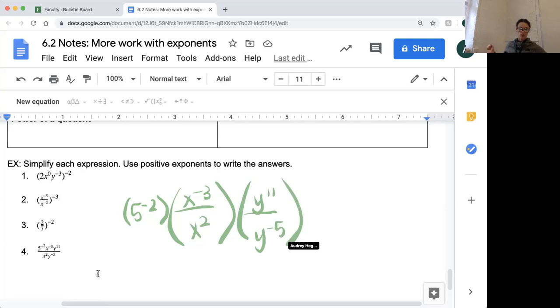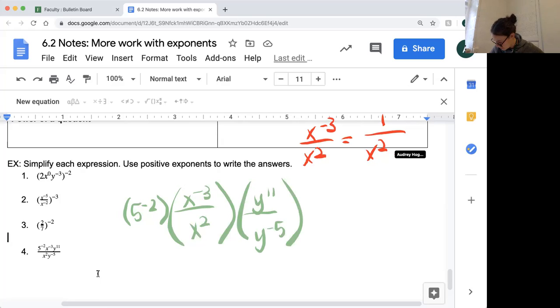Okay, and so now I can think about this in terms of each variable, right? So let's do our x's first. So we have x to the negative 3 over x squared. I'm going to want to rewrite this as 1 over x squared times x cubed because I want to make that negative exponent positive. So I'm going to have 1 over x squared times x cubed is going to be x to the 2 plus 3, which is 1 over x to the 5th.